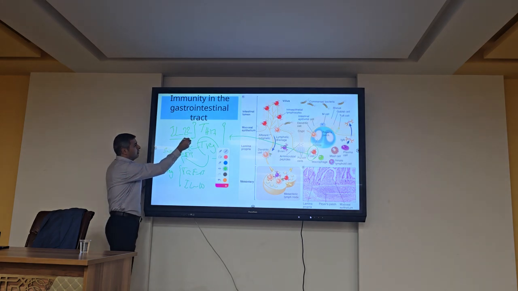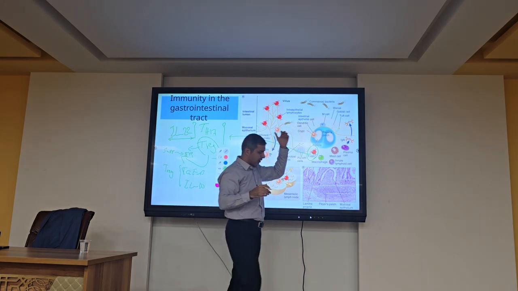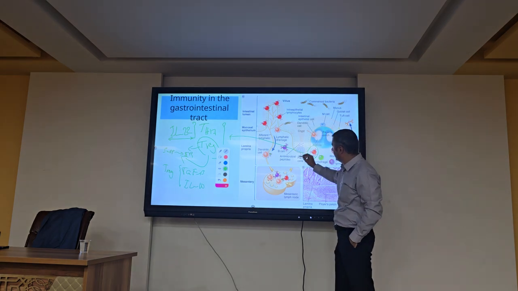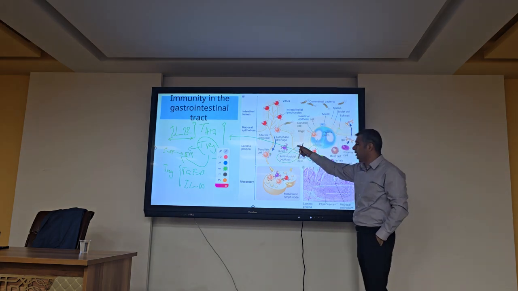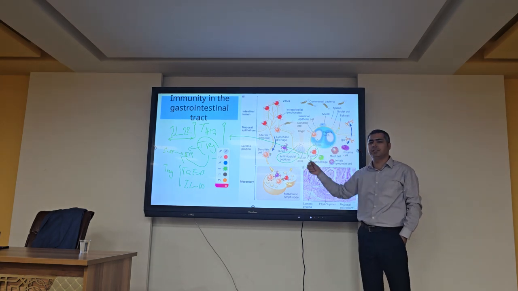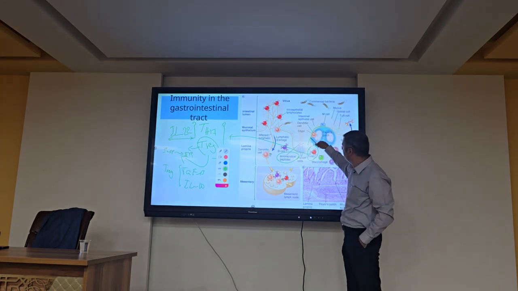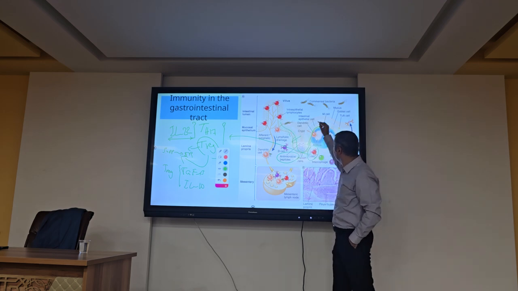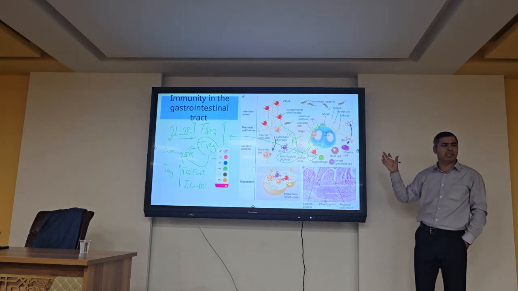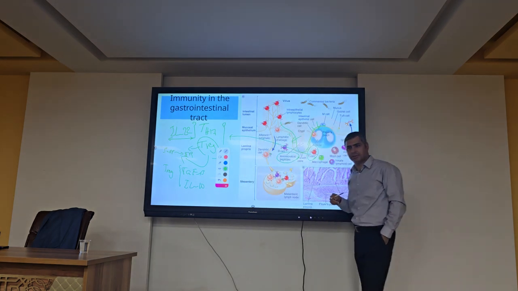The main function of IL-22 is helping the mucosal surface immune system by induction of antimicrobial peptide production by epithelial cells. When IL-22 binds to the epithelial cells, it increases the production of antimicrobial peptides. Besides, it increases the tight junctions between epithelial cells in order to prevent the invasion of bacteria. So the main T cells in the normal connective tissue of the intestine are Th17 and regulatory T cells.